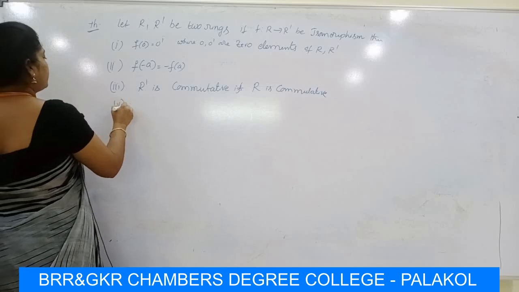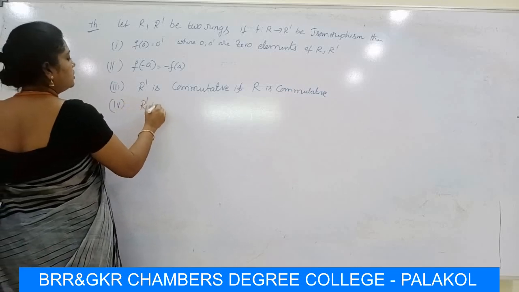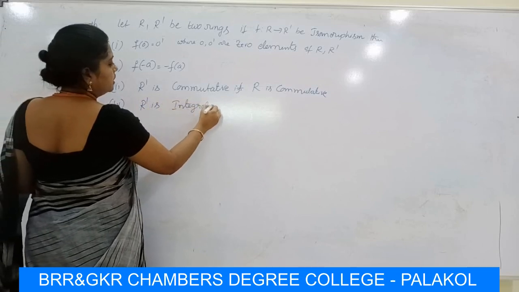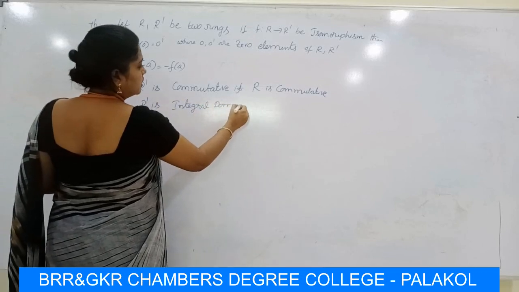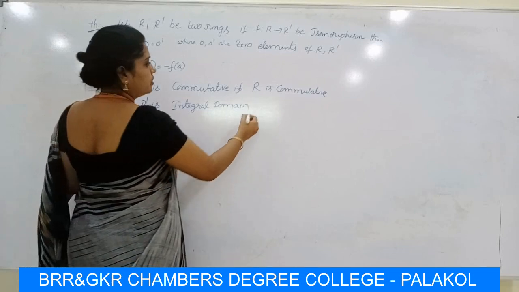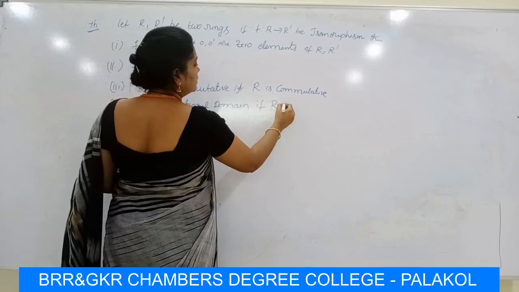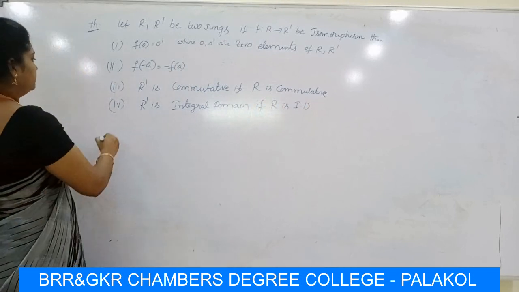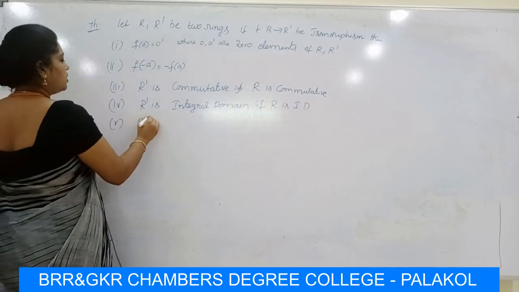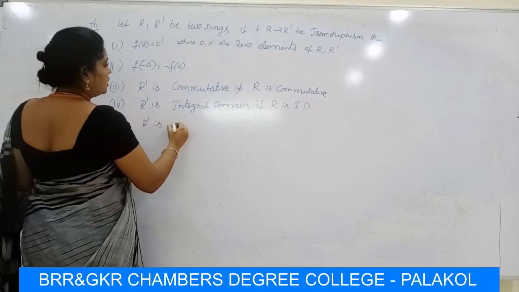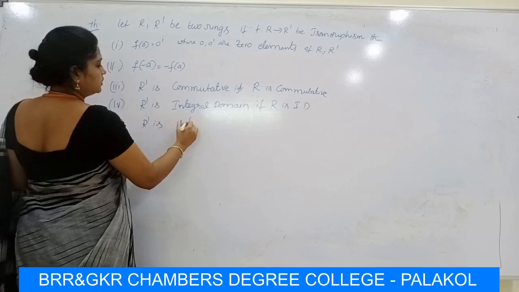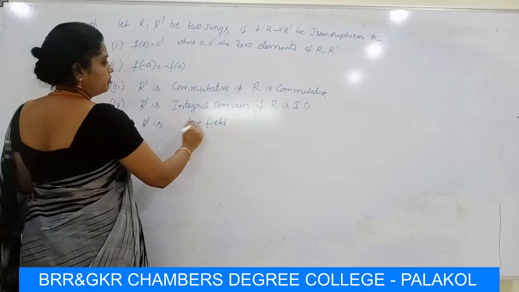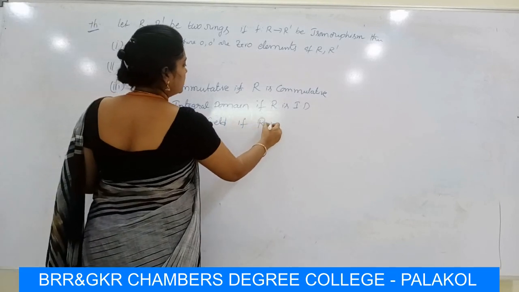Fourth one, R dash is an integral domain if R is an integral domain. Fifth one, R dash is a field if R is a field.